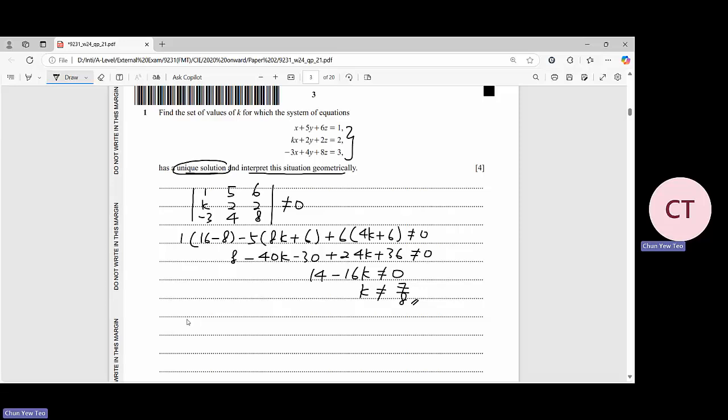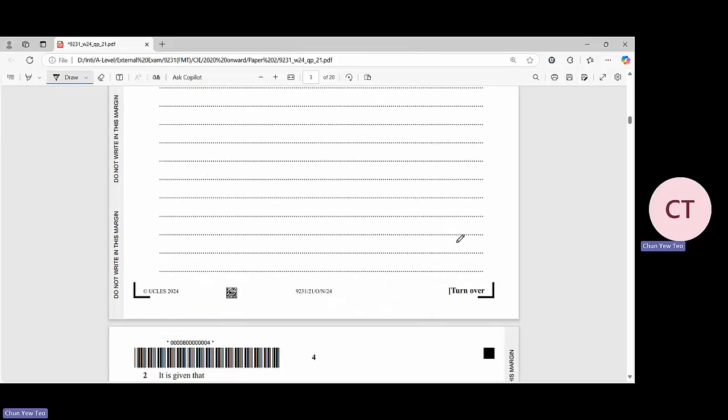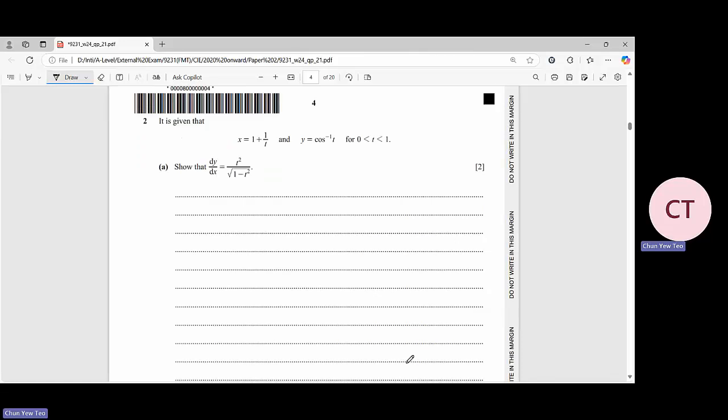You just say that these 3 planes intersect at a unique point. Okay, done. That will be the answer for question number 1. Now we're moving on to question number 2.